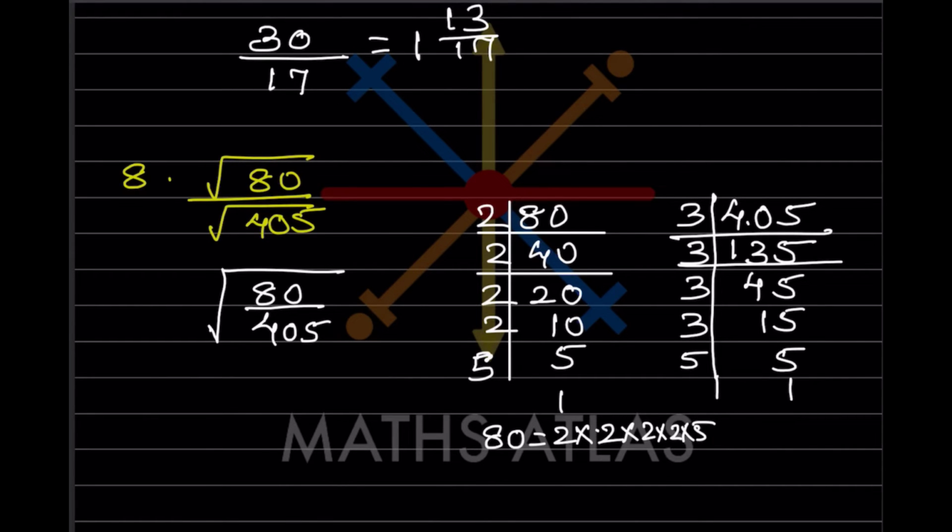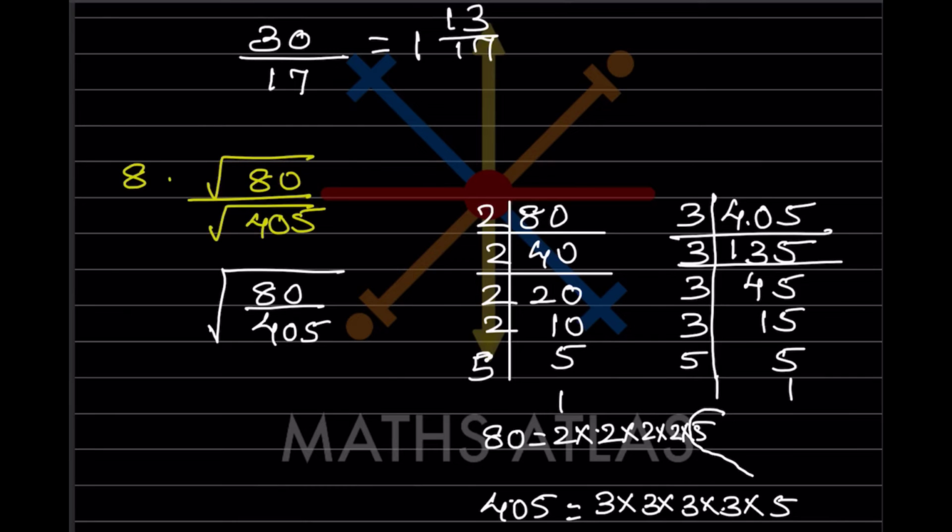So now what will we get here? We can write here 405 is equal to, these are all the factors of it. So how many 3s do we have? There are 4 3s. And 1 5. So whenever we take the HCF, HCF means only the common ones.